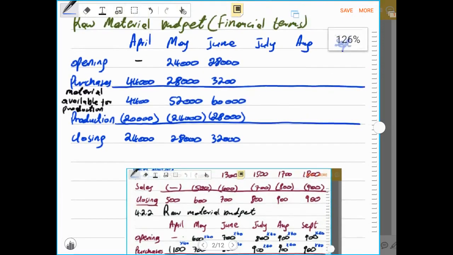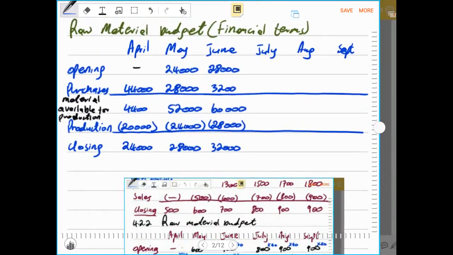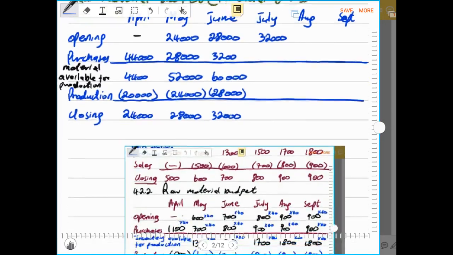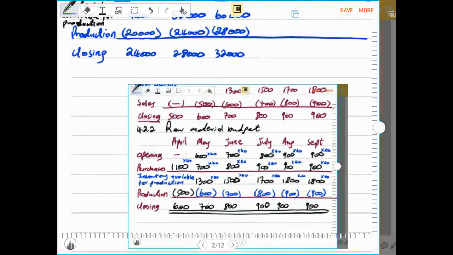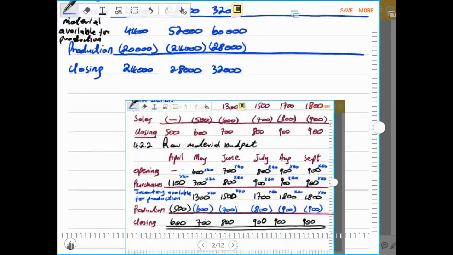Then opening of July will be 32,000. Then purchases of July will give us 36,000. Why? Because July will be 900 times by 40, and this will give us 36,000.